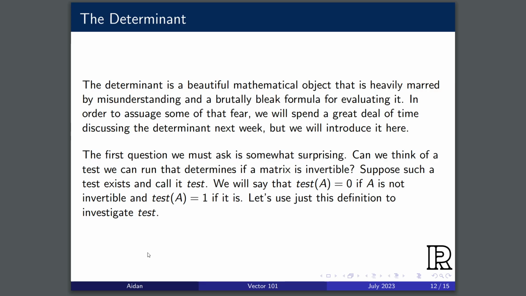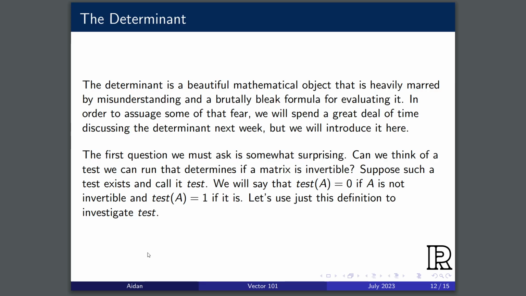But a lot of times when it's presented, people just give you a formula for computing the determinant, and they try to explain it, but they don't explain it very well. And the formula is terrible, and it takes a long time to compute the way that they give it to you, and so I just try and avoid it.